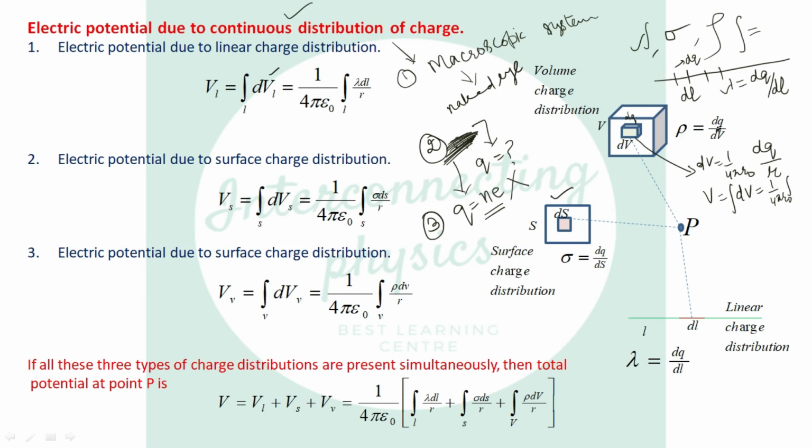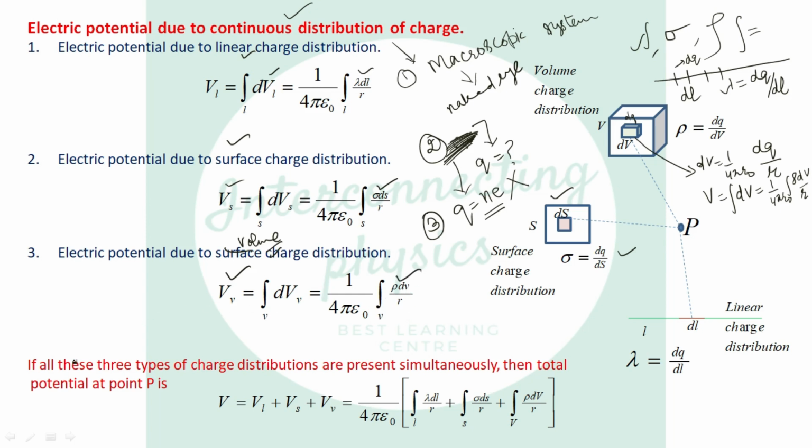What is dq? If we take linear charge distribution, then dq will be lambda dl. If we take surface charge distribution, then potential will be in terms of sigma ds, because sigma equals dq over ds. If we take volume charge distribution, then potential will be in terms of rho dv.